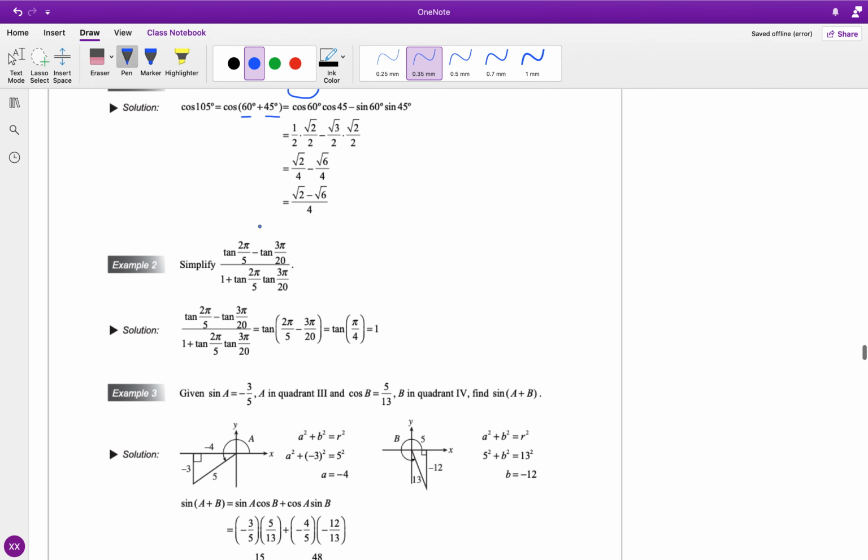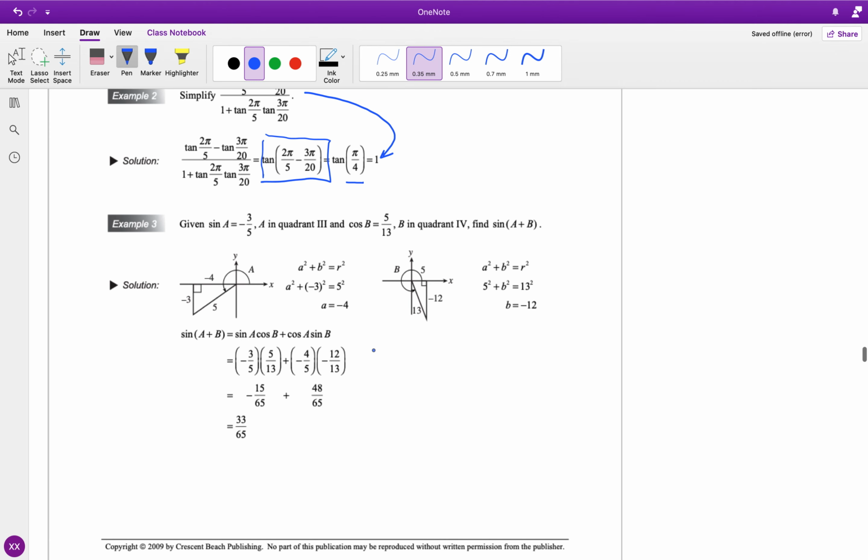Simplify the tangent of the first angle plus tangent of the second, over 1 plus tangent times tangent. From this whole bunch, that just means tangent of this angle minus the other angle. Then you do the math, and you got pi over 4, and that is 1. So you simplify to simply a 1.